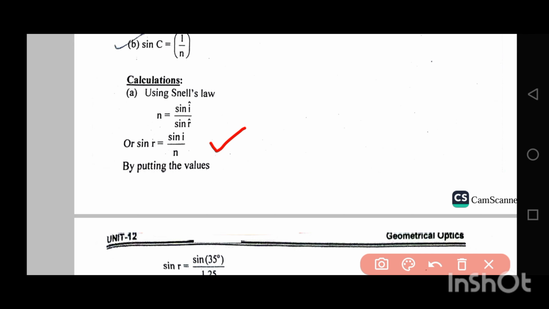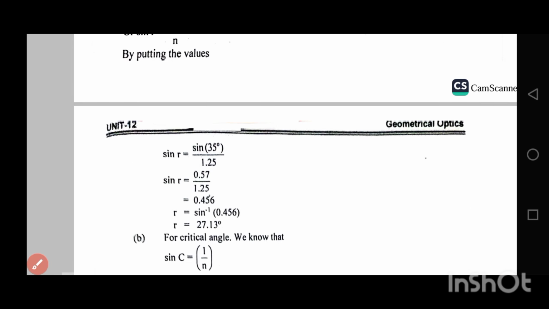After putting the values we get sin r is equal to 0.456. We need to calculate r, so taking sine inverse on both sides, angle of refraction will become r is equal to 27.13 degree.